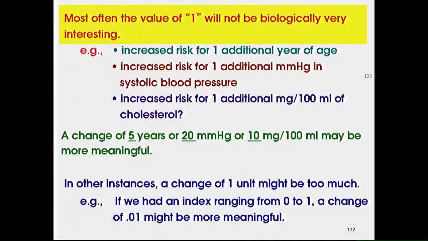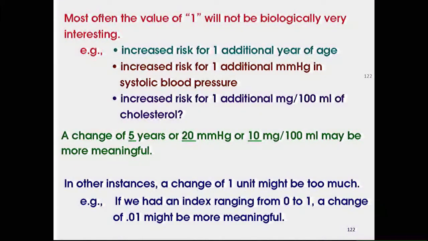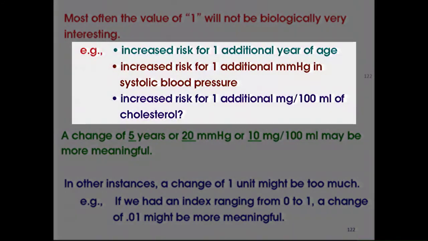Now, most often, this value of 1 is not biologically very interesting. For example, would we really be interested in the odds for someone who's 1 year older than someone else? Probably not. That's a very small thing. We might be interested in the effect of 5 years of age, for example.